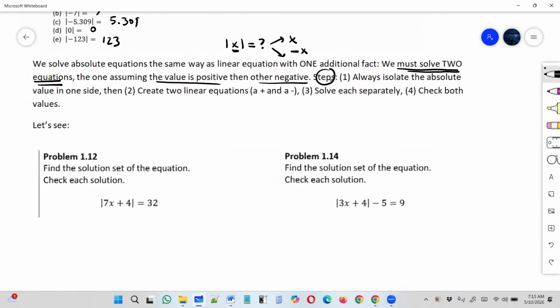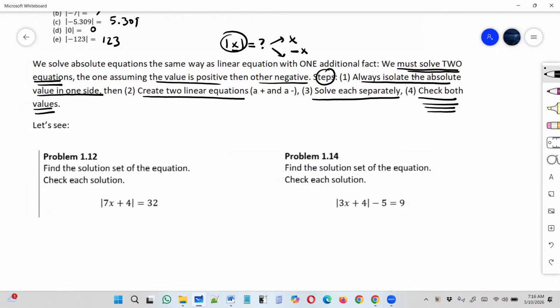Always we begin with the following steps. Isolate the absolute value in one side, and then we're going to create two linear equations, and then we're going to solve them separately. Now, because we don't know what is the case with the variable, we have to check the solution at the end.